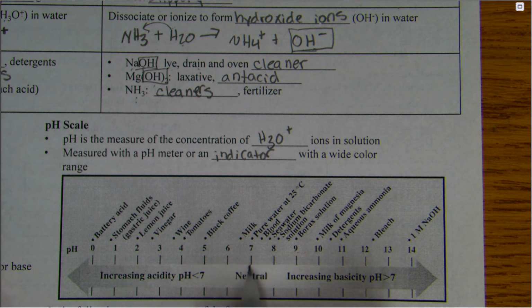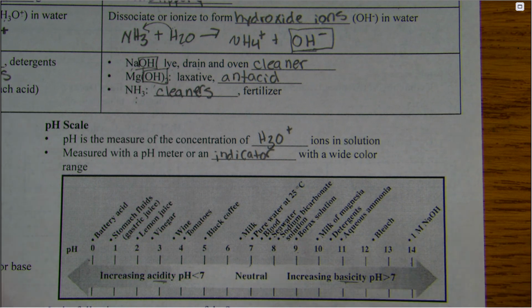As I go down and away from 7, those are our acids. So acids are below 7. Above 7 is our base. The further away I get from 7, the more acidic it is going down, and the more basic it is going up.